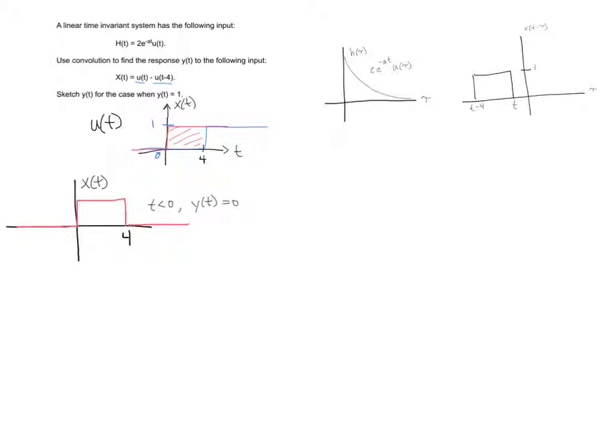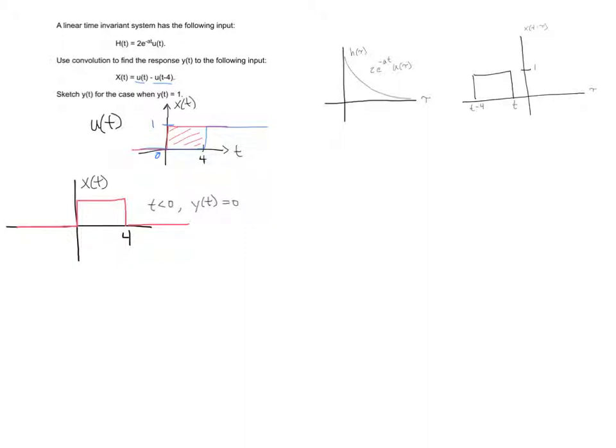So first thing we want to do is look at the range where x of t minus tau, where t is greater than or equal to 0 and less than 4, because that's our width of our x of t over here.